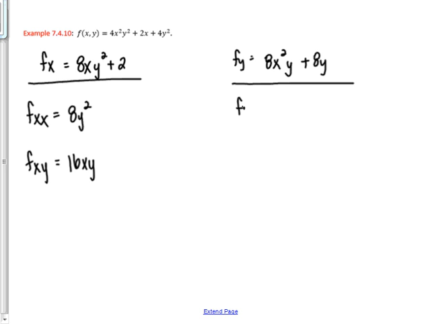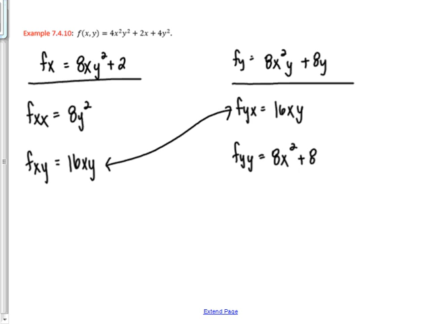Alright, so from here, I'm taking it once with respect to x, which would be 16x, and then the derivative of 8y would go away because you don't have an x in there. And then I'm going to go back and take it now with respect to y, so I'd get 8x squared plus 8. And again, notice those. Alright, so you go practice your My Math Lab homework.